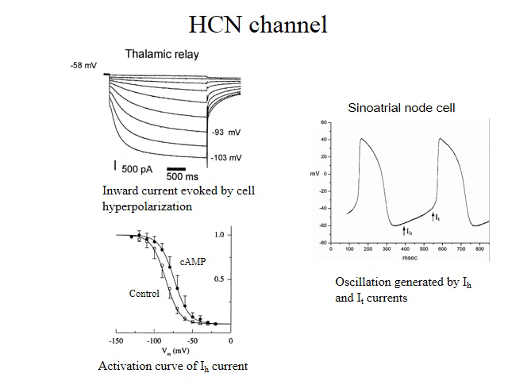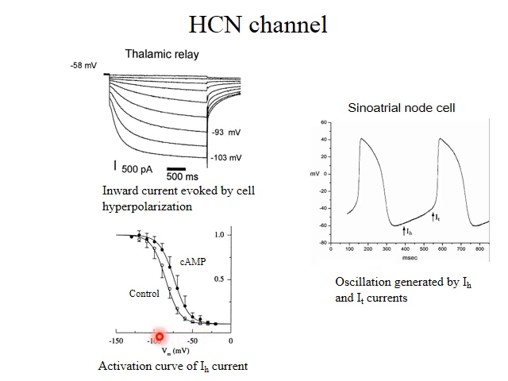The experiment shown on this slide illustrates some of the properties of HCN channels. In the upper left, we see a voltage clamp experiment where, in this case, the neuron is hyperpolarized to minus 103 millivolts for this trace, and we see that there is a slowly developing inward current. This is generated by ions flowing into the cell through the HCN channels. The current voltage plot in the bottom left illustrates the activation properties of the HCN channel.